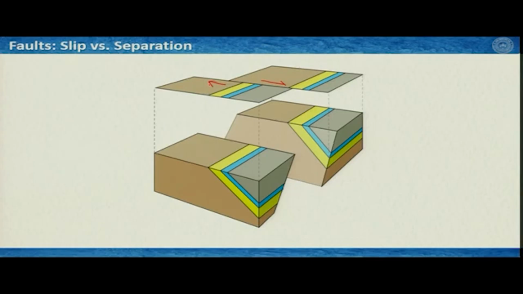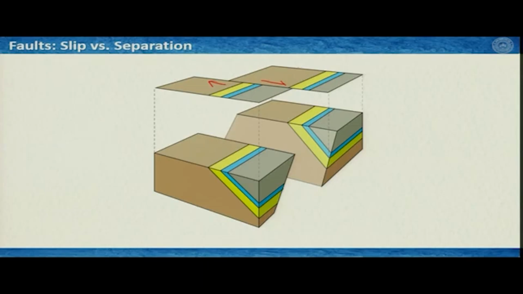And if you just look at the surface, then you may conclude that the fault is a strike slip fault without any dip slip component. But looking at these 3D illustrations, it is clear to us that this is not only a strike slip fault, but this is an oblique fault.